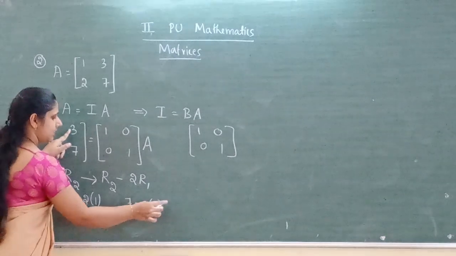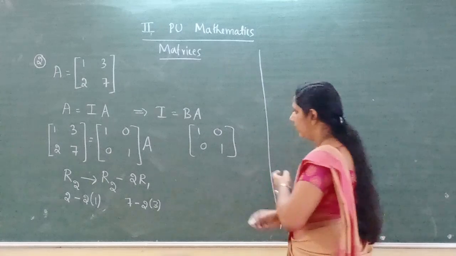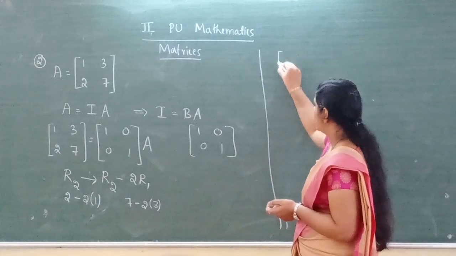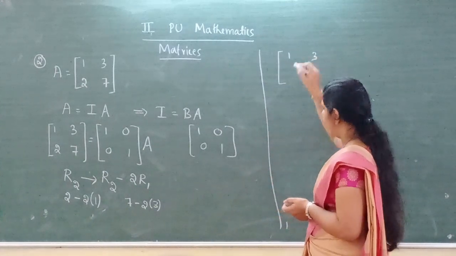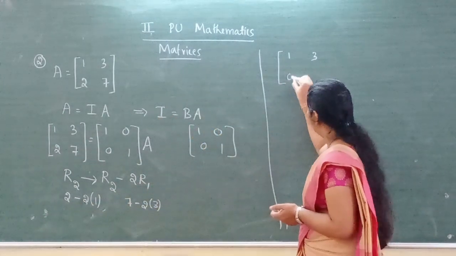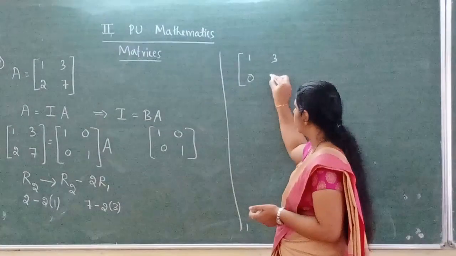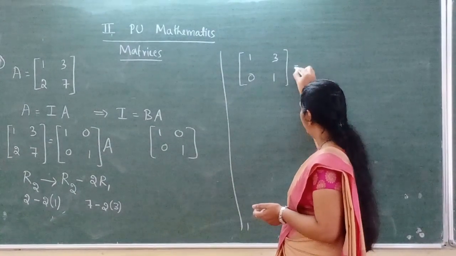So 7 minus 6 is 1. So first row there is no change. In the second row, 2 minus 2 becomes 0 and 7 minus 6 becomes 1.